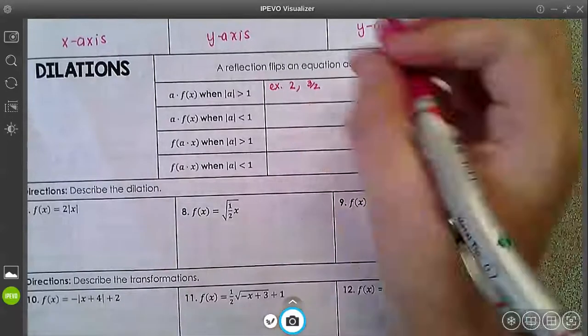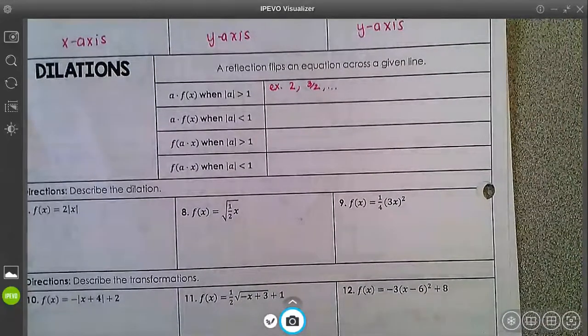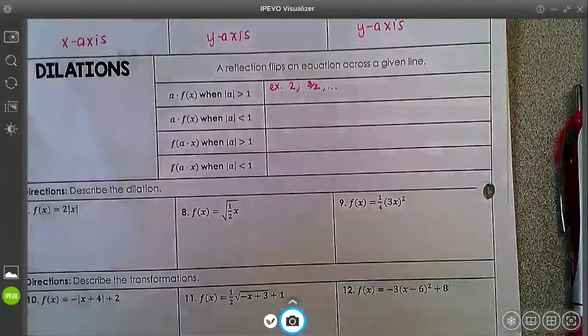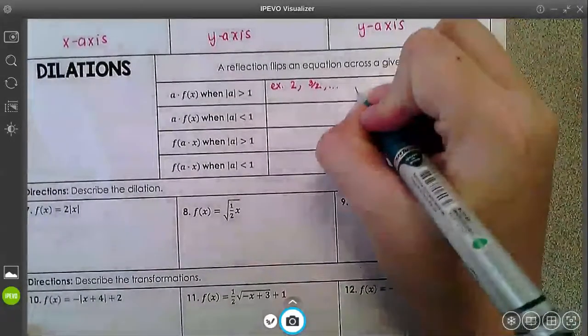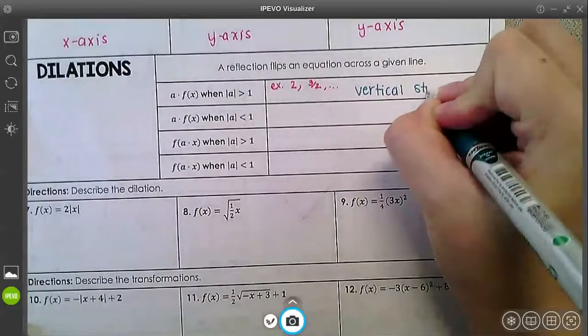So that's bigger than 1. All right, so if you have numbers bigger than 1 and on the outside, that is what we call a vertical stretch.